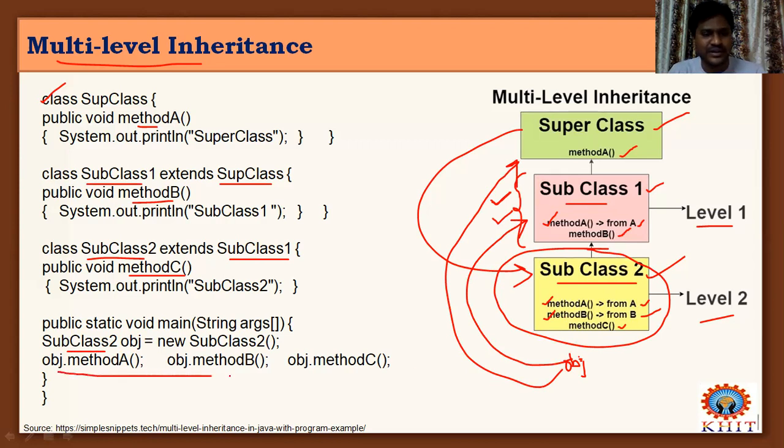So all these are valid statements. This object of subclass 2 can invoke method A of the superclass, method B of subclass 1, and the local method of subclass 2. Coming to the execution part, go to the program.